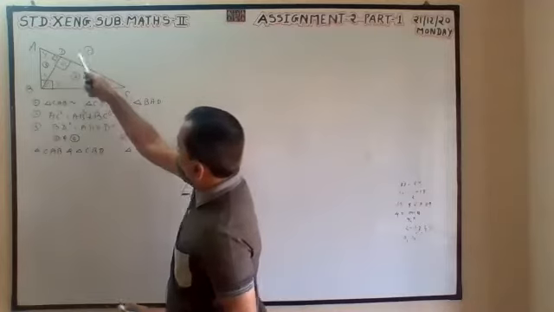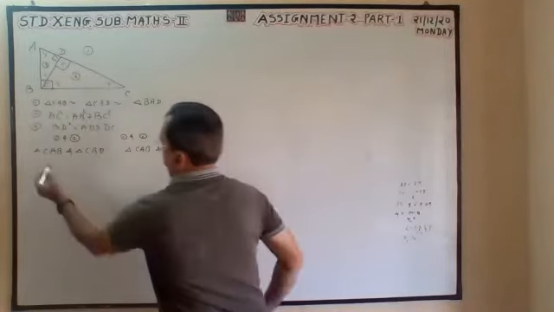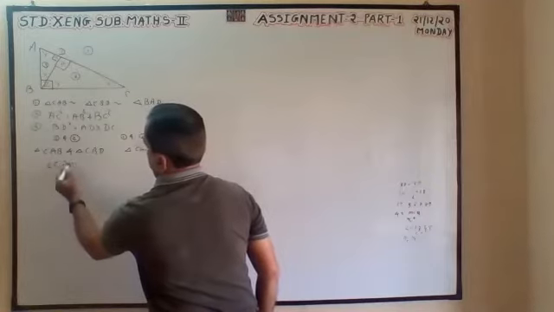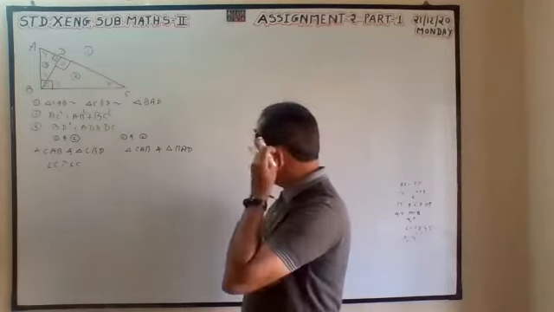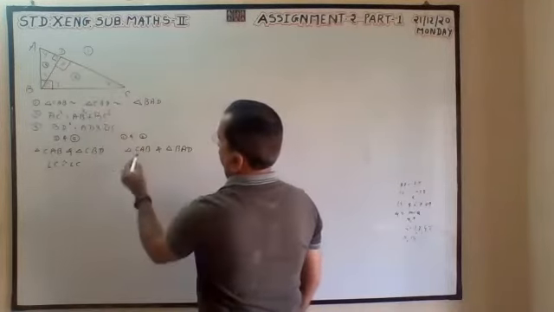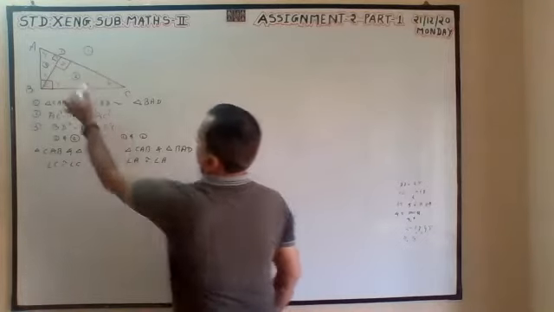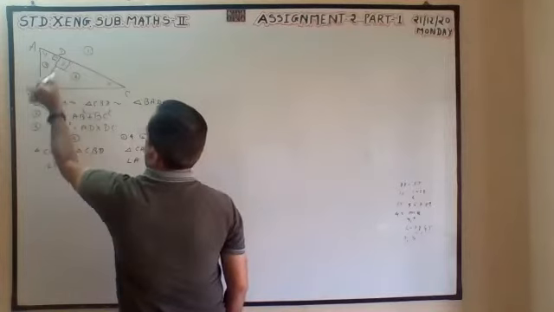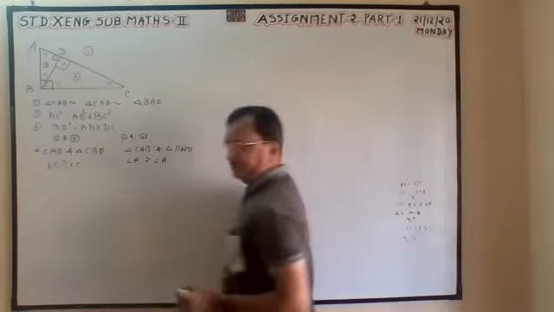In first and second, what is common? C is common. In first and third, what is common? A is common. In the full triangle and in this triangle, C is common. In the full triangle and in this triangle, A is common.